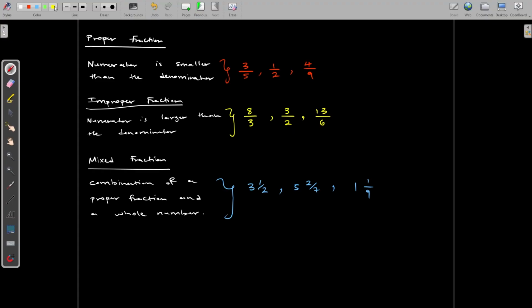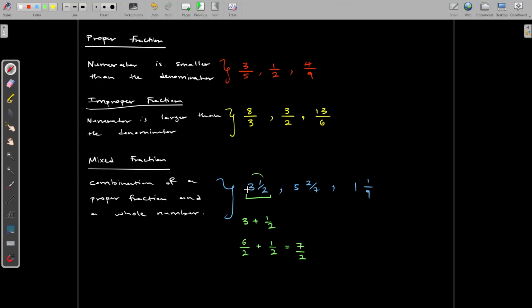So for example, this one right here, this is saying to us that it is 3 plus a half, right? Yes, sir. And 3 plus a half, so 3 would be the same thing as 6/2 plus 1/2, and this would give us 7/2.